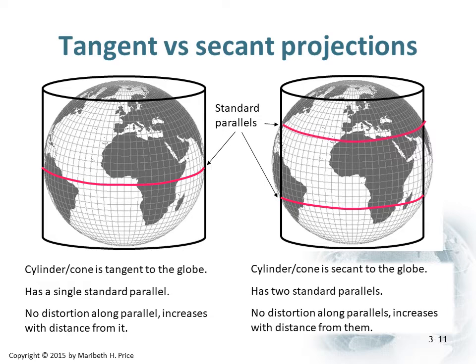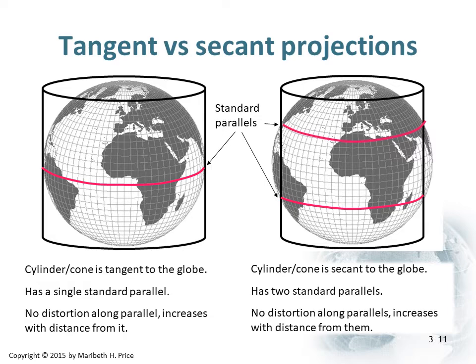And at that point, there is no distortion. None. It's perfect. As you move north or south away from the equator, you gradually get more and more distortion. If you look along the left edge of the image on the left side of the slide, you can go up and down a ways and you're still not far away from the edge. But as you get up to the middle of North America or towards the North Pole, there's quite a distance from the edge of that cylinder to the actual surface. That's where the distortions increase.